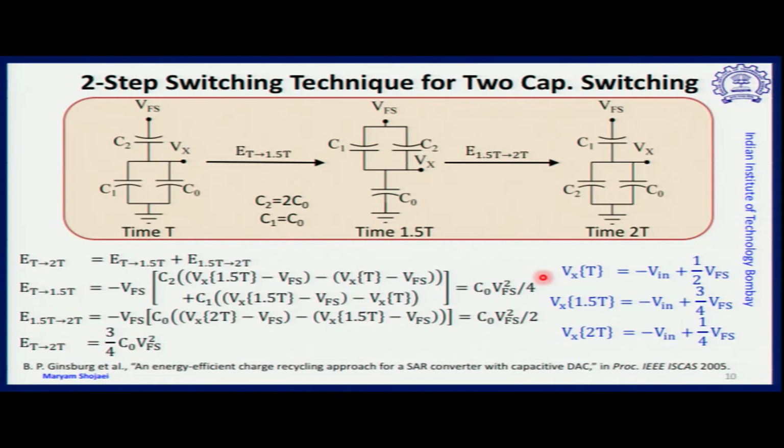The first thought around this is, why not look at two-step switching? This is based on the paper reported in IEEE ISCAS 2005 by Ginsberg, and interested audience may refer to it.